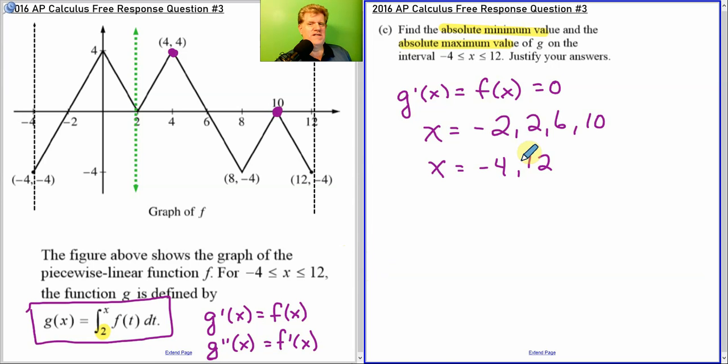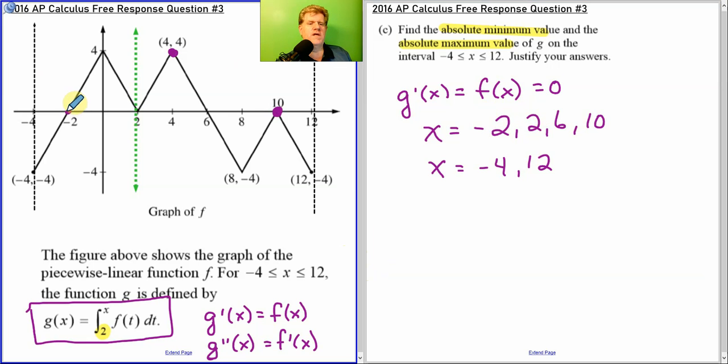Now, to make it a little bit easier, we could figure out that some of these actually won't fit in these critical numbers. If you look at -2, and we're looking at f, it goes from negative to positive. So that's a max or a min. Negative to positive means it's a minimum. At 2, it's positive and positive.